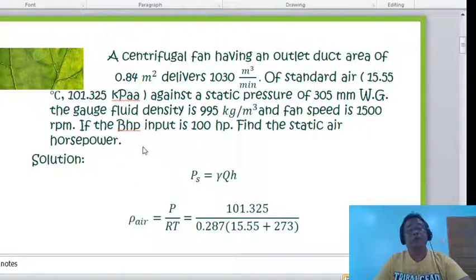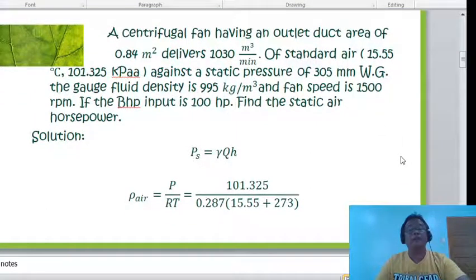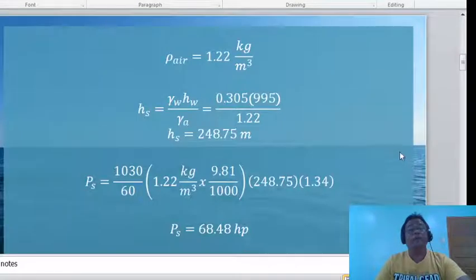The given is 101.325 over the gas constant of air, which is 0.287, multiplied by 15.55 plus 273 to make it absolute. So the density of air is approximately 1.22 kilogram per cubic meter.